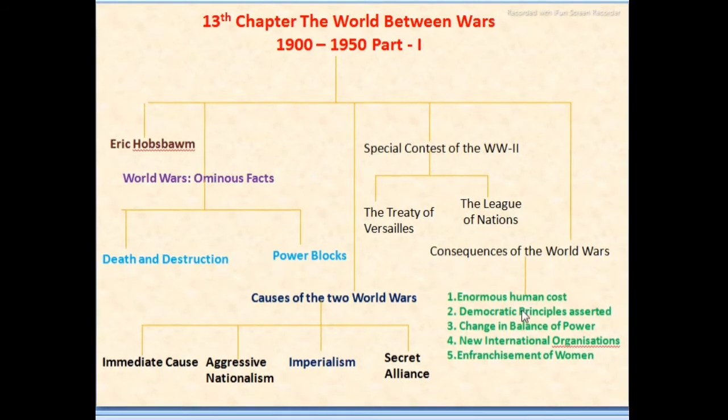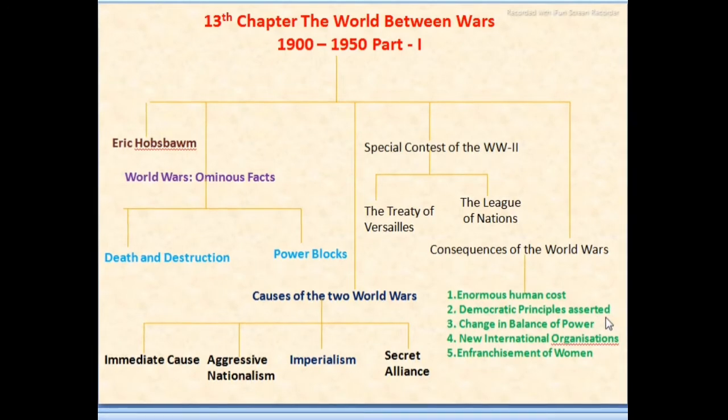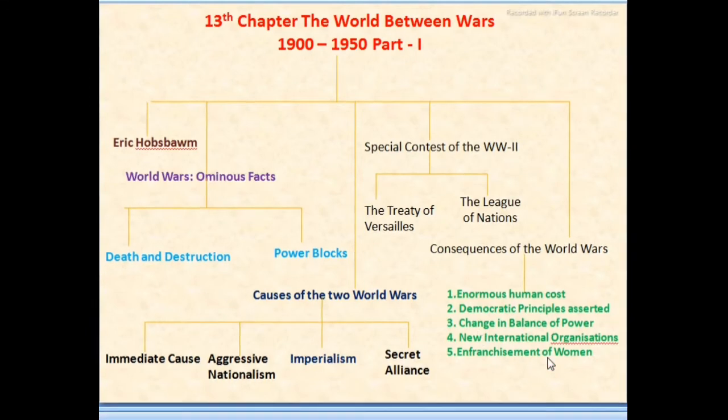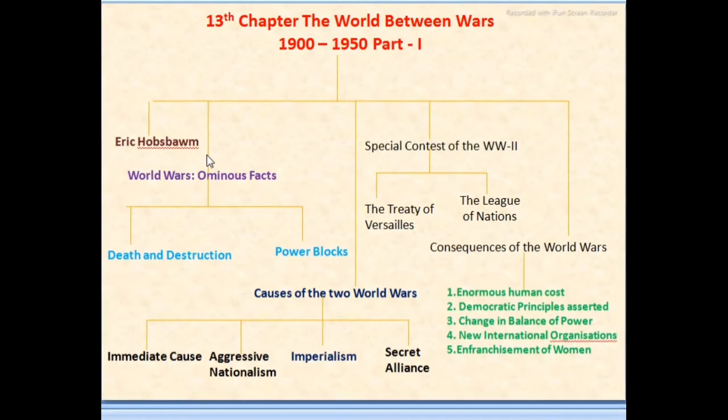This has been again divided into 5 important subtopics. One will be enormous human cost, democratic principles asserted, change in balance of power, new international organizations, enfranchisement of women. So, one by one we are going to discuss elaborately.